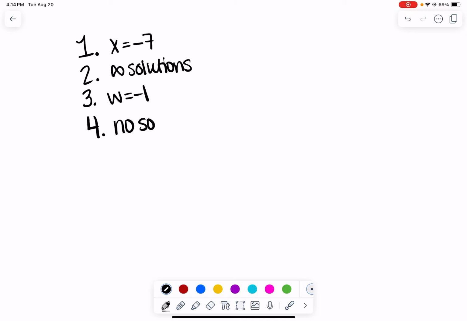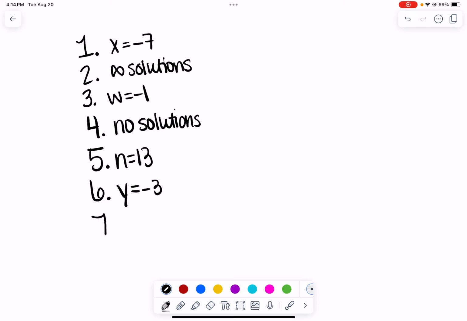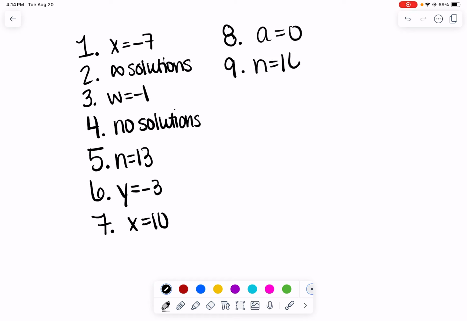Again, I told you not to worry about this one. 5 is n equals 13. 6 is y equals negative 3. 7 is x equals 10. 8 is a equals 0. 9 is n equals 16.